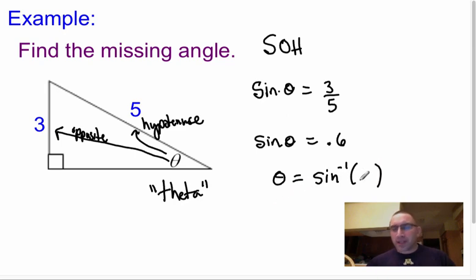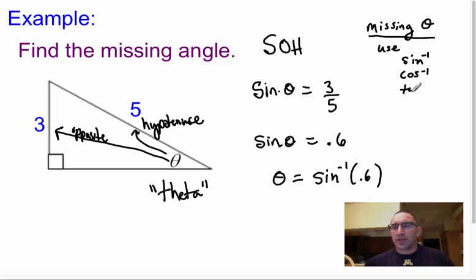We're going to take that at 0.6. Again, if we're missing an angle, we're going to use the inverse trig functions: inverse sine, inverse cosine, inverse tangent.